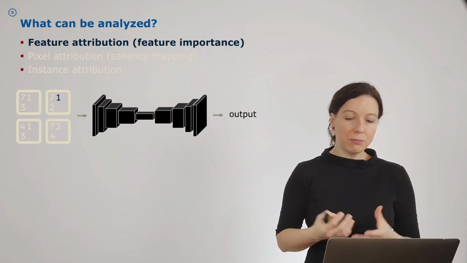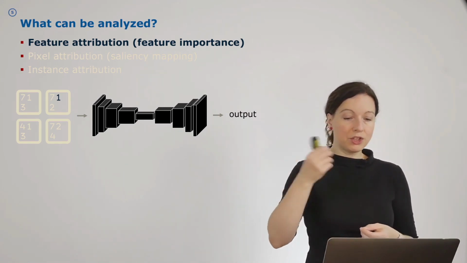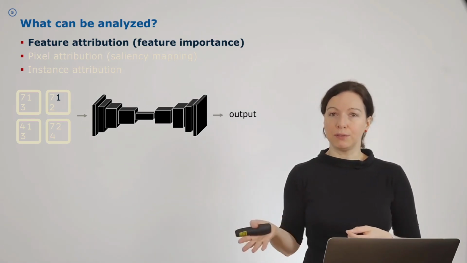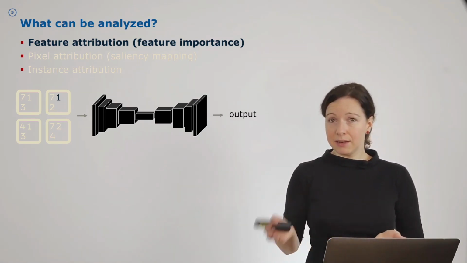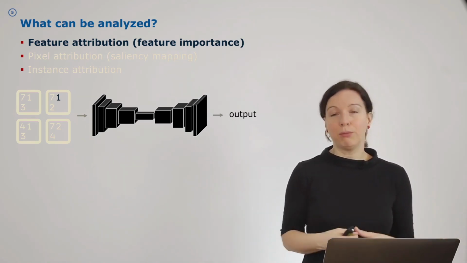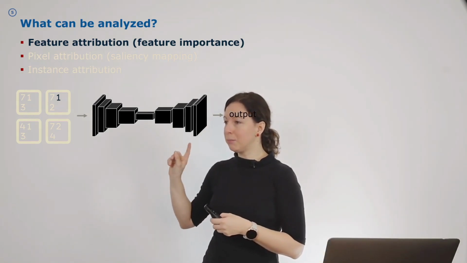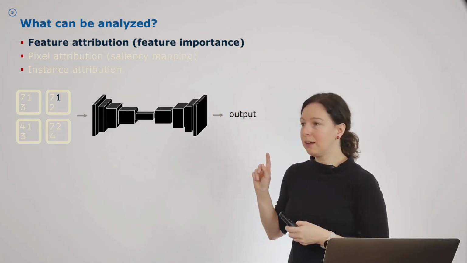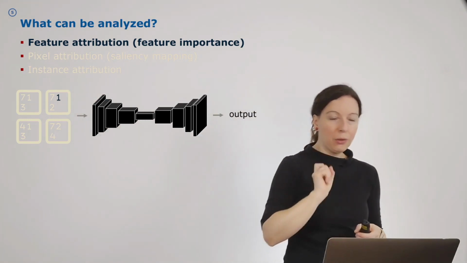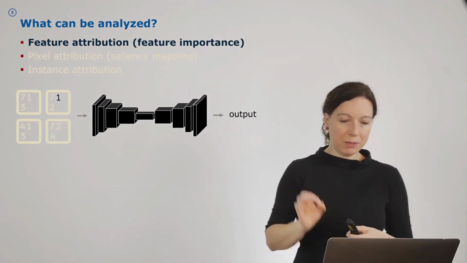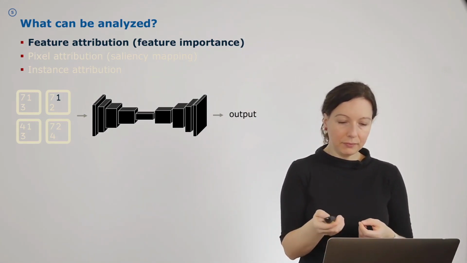You talk about feature importance in case you assume that the change in the output when changing the input is the importance of the feature. This can be done for single instances and the whole data set, and today we focus on single instances. That's why this plot changed a little bit from the last lecture. So what you see here is only one feature dimension and one specific sample.